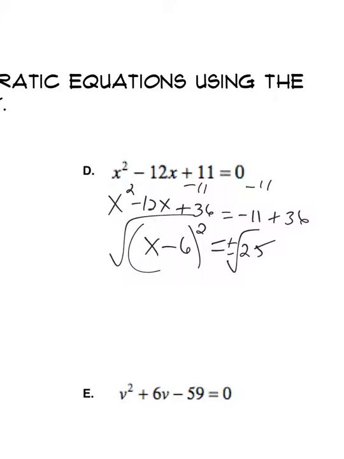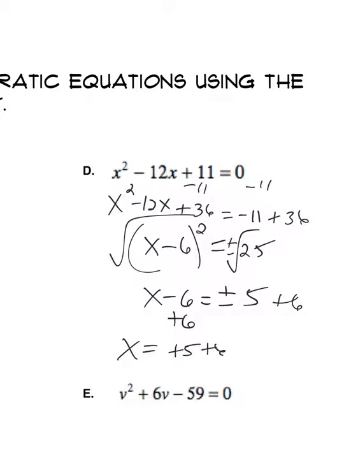Plus or minus. I have x minus 6 equals positive and negative 5. You add 6. Now you have two solutions. You have positive 5 plus 6, and you have negative 5 plus 6. One of those solutions is 11, and one of those solutions is 1.